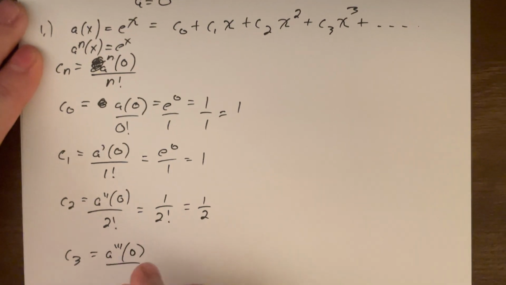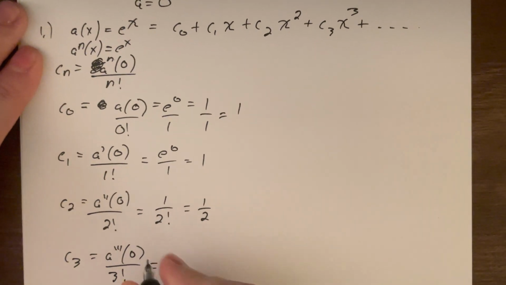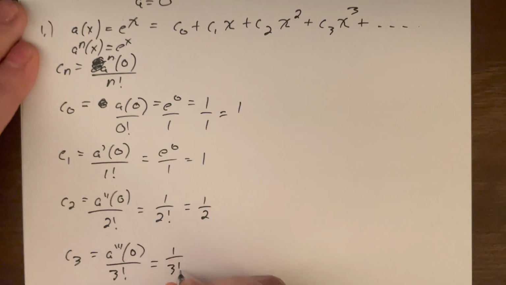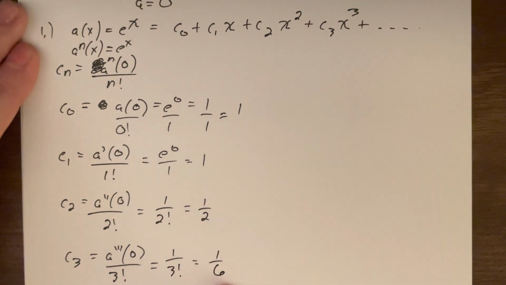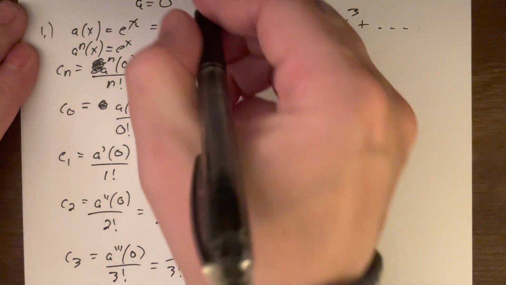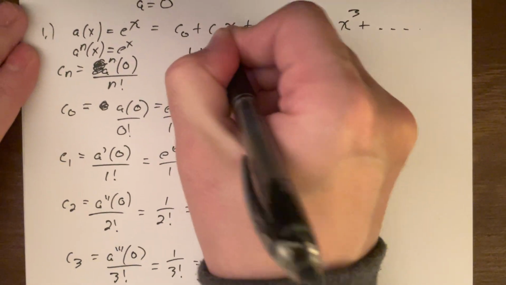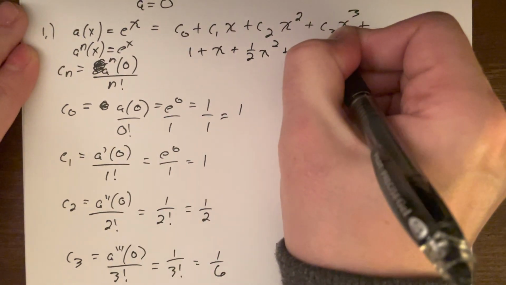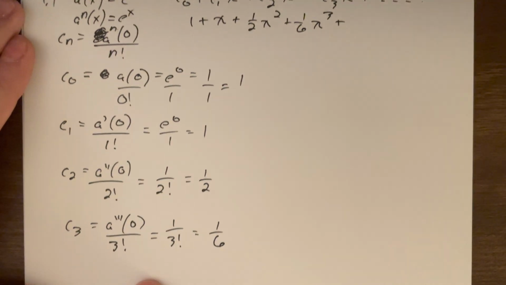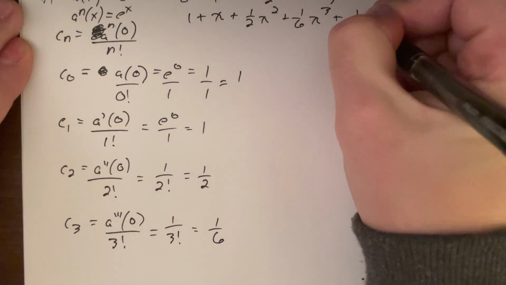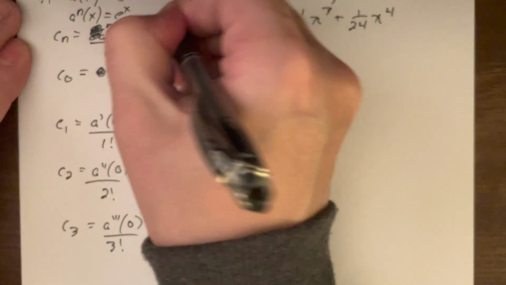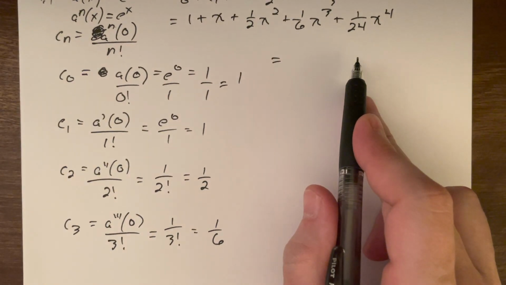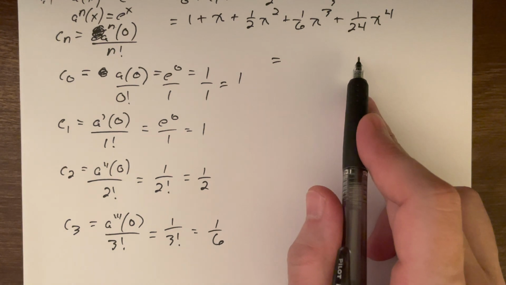The third derivative at 0 over 3 factorial. That's e to the 0 one more time over 3 factorial. That is 1/6. So now, if you fill these in, 1 plus 1x plus 1/2 x squared plus 1/6 x cubed. If you found C4, you would get 1 over 24 x to the 4th. Maybe some people are seeing the pattern, but a lot of it is already done.